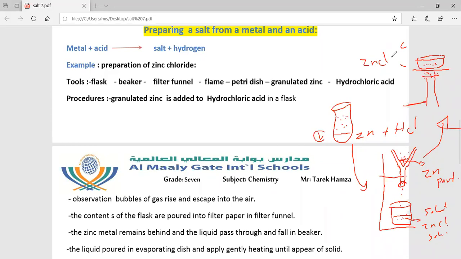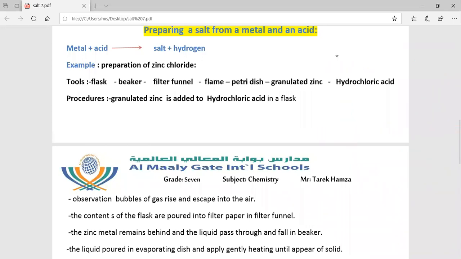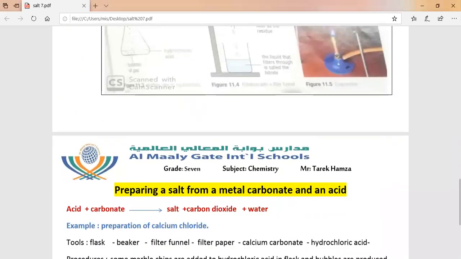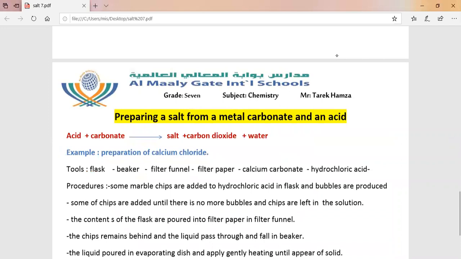Okay. Now we are going to the second experiment: preparation of salt from metal carbonate and an acid. Again, preparing a salt from metal carbonate and an acid.